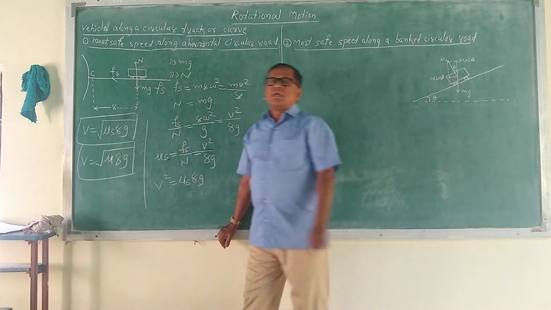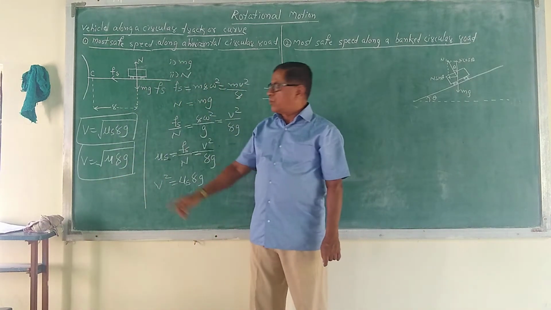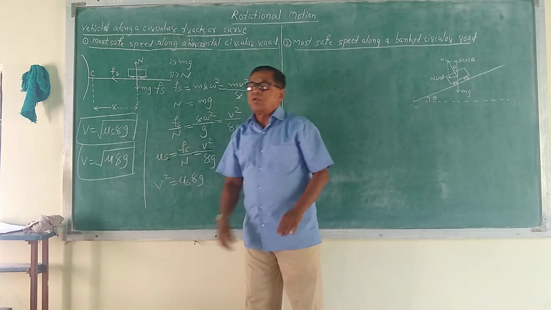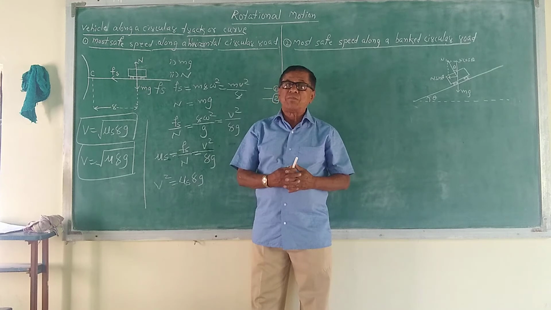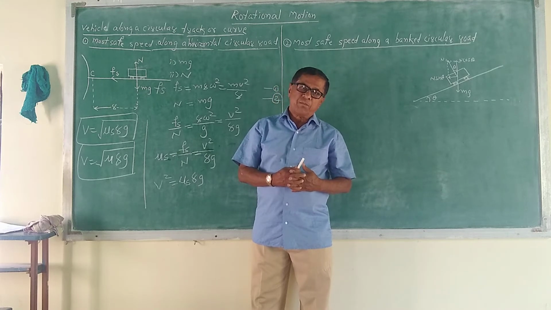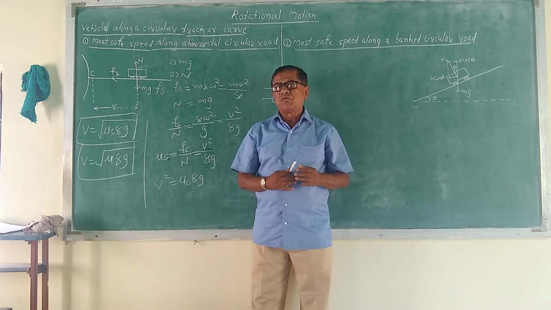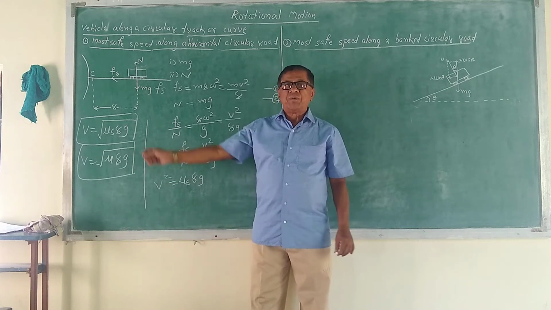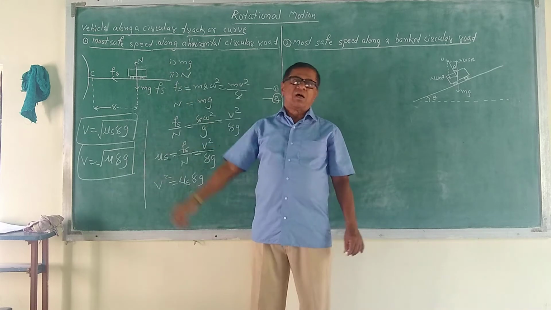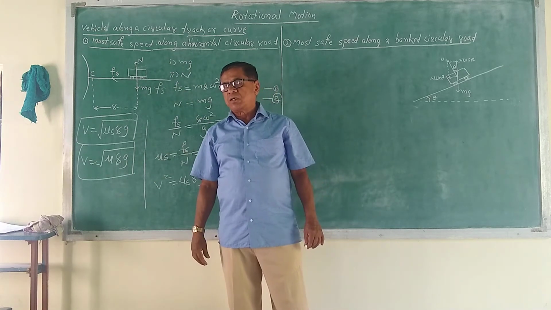Now here, if we increase the coefficient of static friction, then we can increase the speed, but the friction has an upper limit, and therefore the speed also has an upper limit. This is the derivation for the speed limit, or the most speed along the normal horizontal curve.